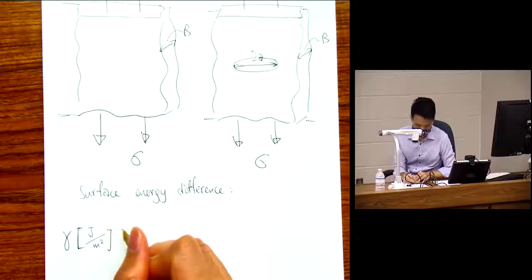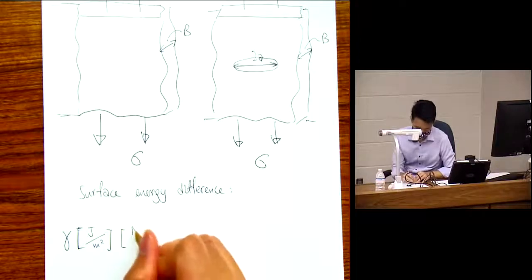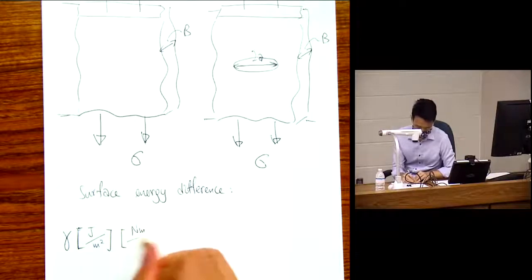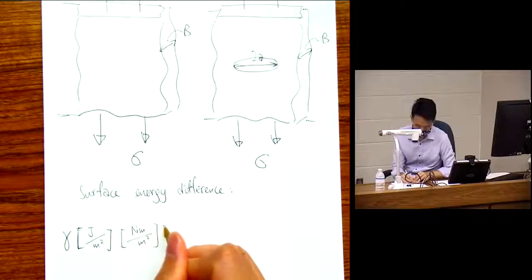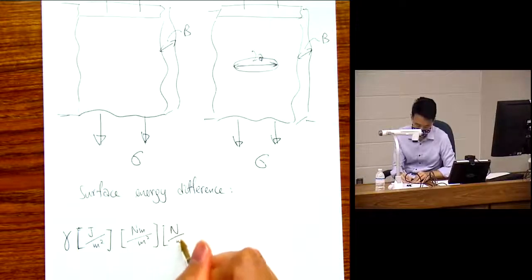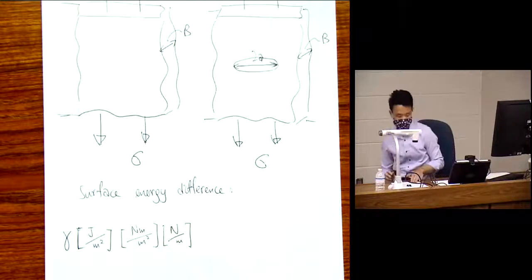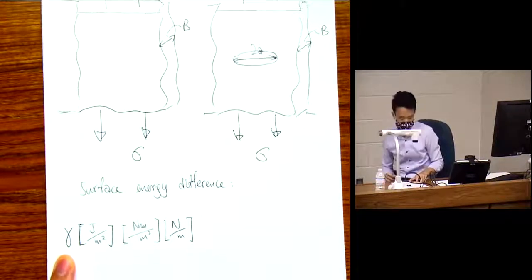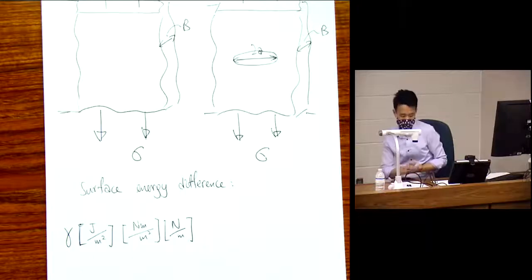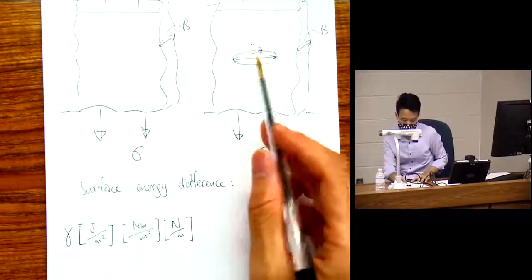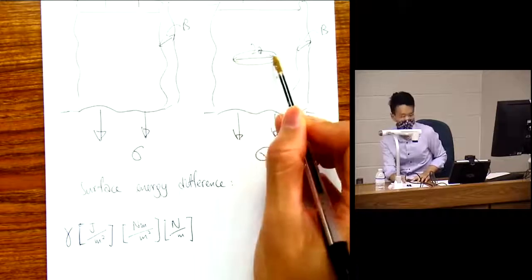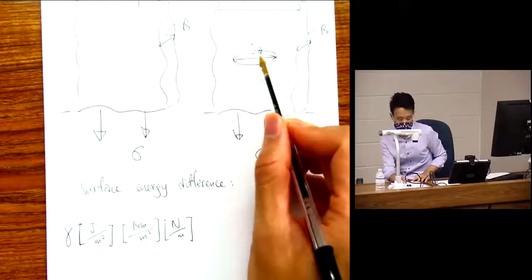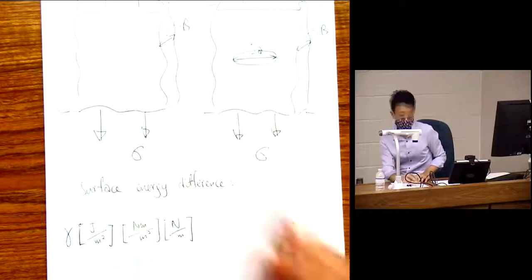Or you can say Newton meter per meter, all sorts of different units. This is the surface energy density, so it measures an energy per area. So we just have to count how much area we have here in addition to the other configuration.